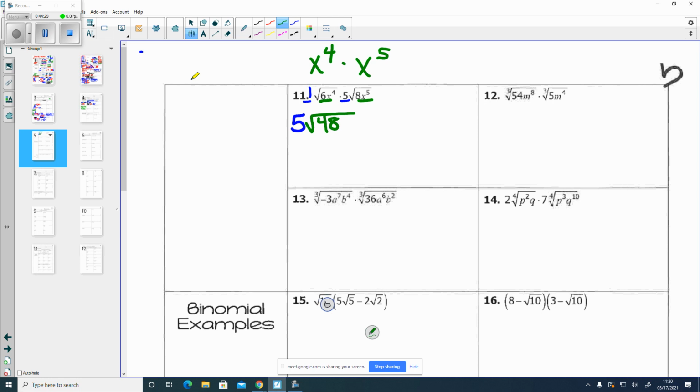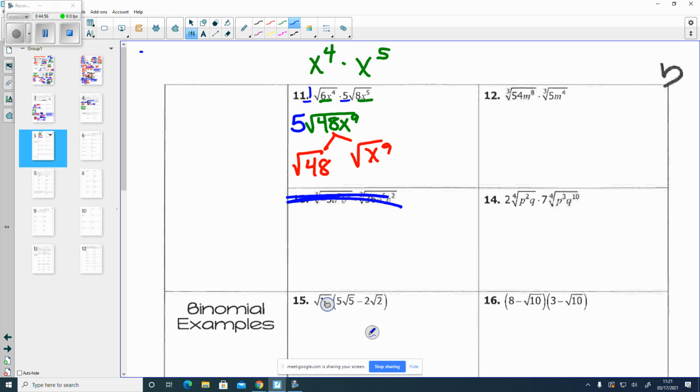So I'm really going to have x to the 9th. Then you have to go through and simplify, okay? So is the square root of 48 perfect? No. So you can split these. So we have square root of 48, square root of x to the 9th.